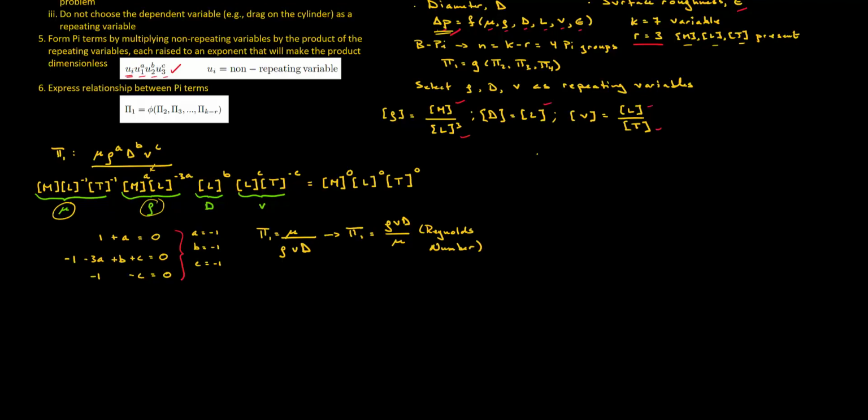So we have pi 2, which we could look at. We can look at the length, and non-dimensionalize it by multiplying it again by our repeating variables, rho to the a, d to the b, and v to the c.